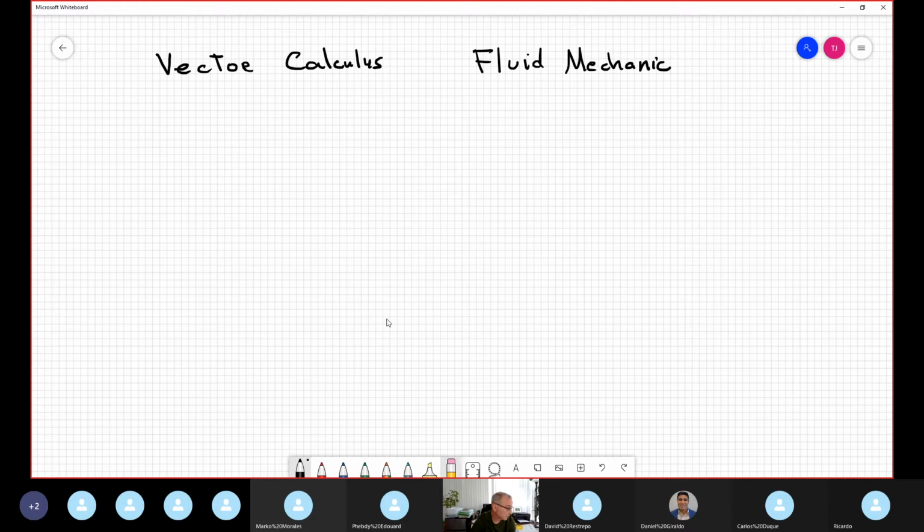And of course, electromagnetism, electromagnetic field, electromagnetic wave. Different universities call it by different names. This is typical vector calculus.